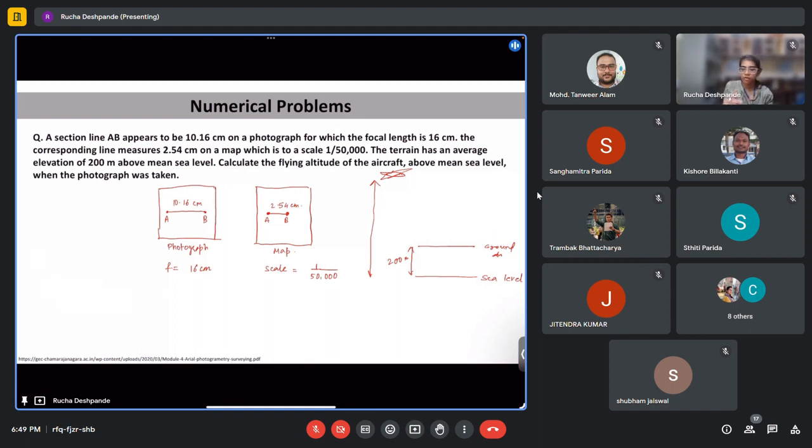So here, what we'll do is, they have given us the scale for this map. So from the map, we'll calculate the true ground distance between points A and B. Then we'll use it to find the scale of the photograph, and from that we'll use it to find the altitude above the mean sea level. So from here we know that scale is photo distance by ground distance.